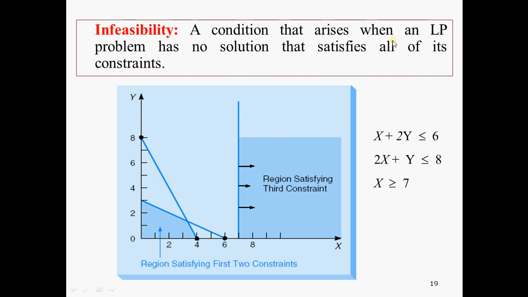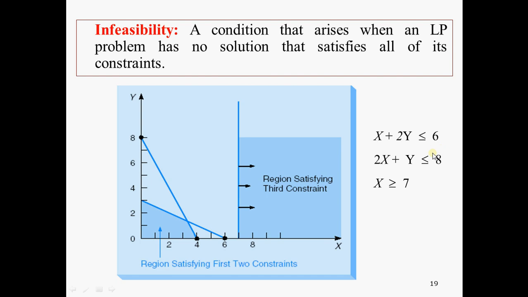Infeasibility is a condition that arises when an LP problem has no solution that satisfies all of its constraints. Now see, these 2 constraints are showing downwards. This is the region satisfying the first 2 constraints, whereas the region satisfying the third constraint is here. So there is no common area.